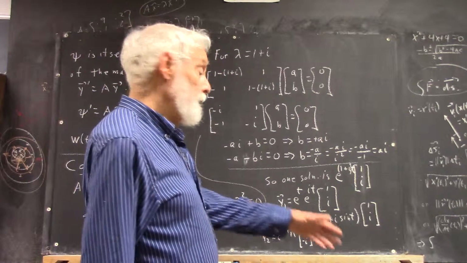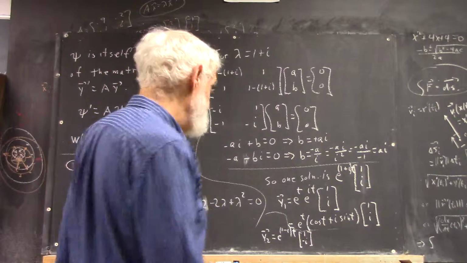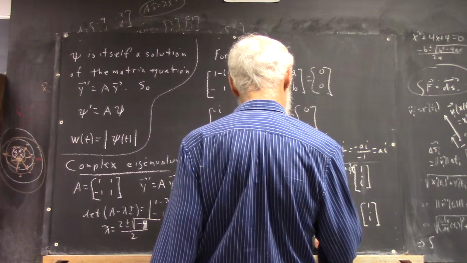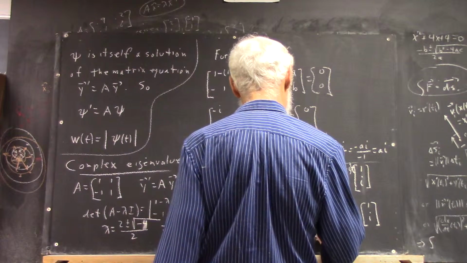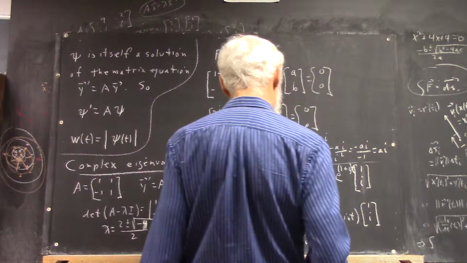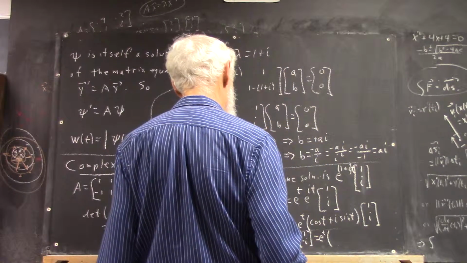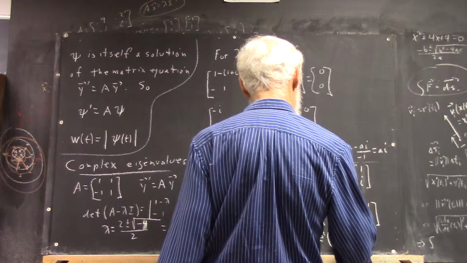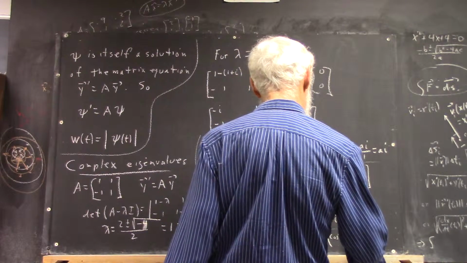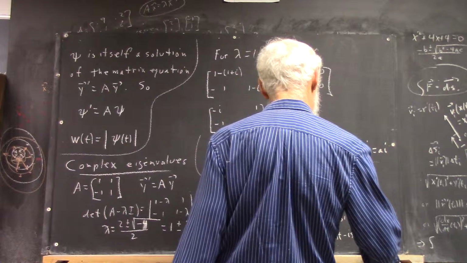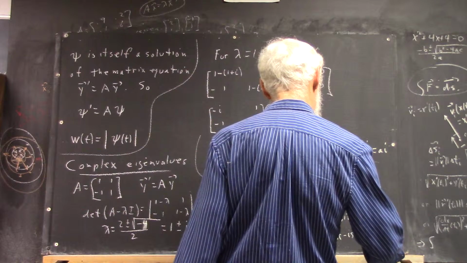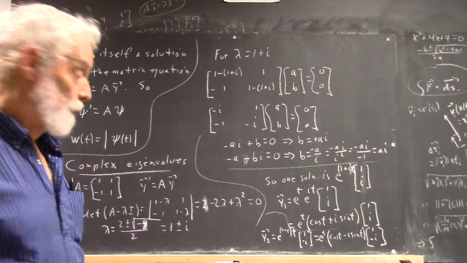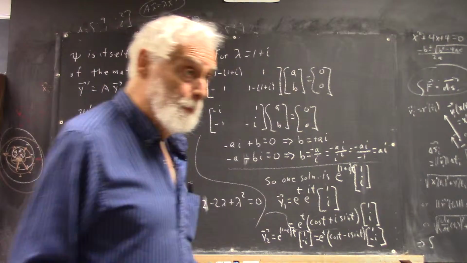You just replace your i's with negative i's. And there you have it. There's your solution set. Okay?